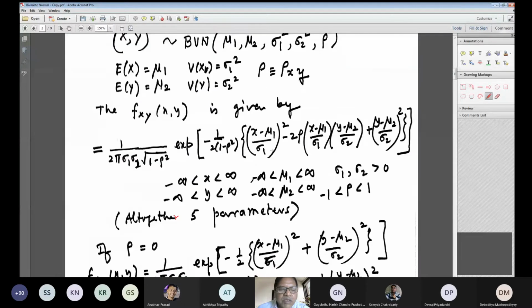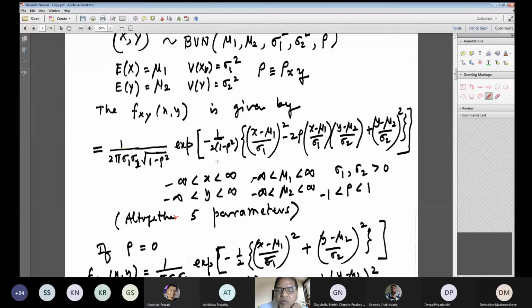So the bivariate normal joint density function is prescribed by 5 parameters, and this is the form of the joint density function. As you will find, it is a very lengthy expression and difficult to remember, but with a little concept, knowing that x and y are normally distributed, you are multiplying root 2 pi sigma 1 and root 2 pi sigma 2, so it becomes 2 pi sigma 1 sigma 2, and there is an extra factor, square root of 1 minus rho square.